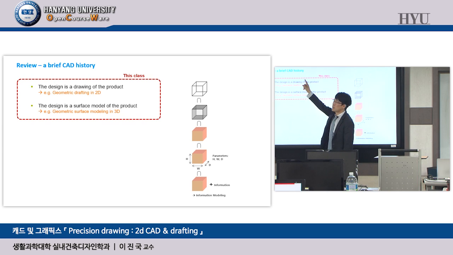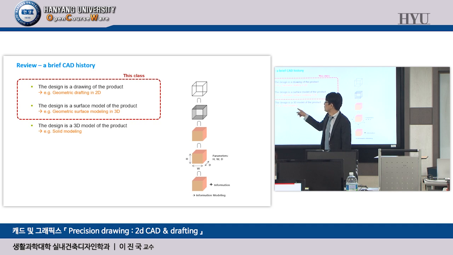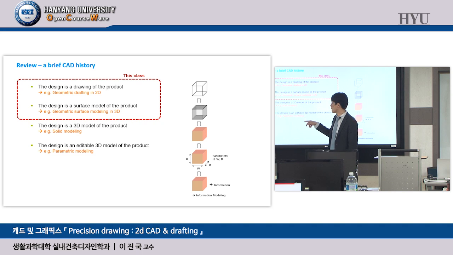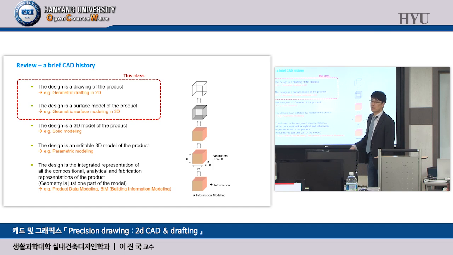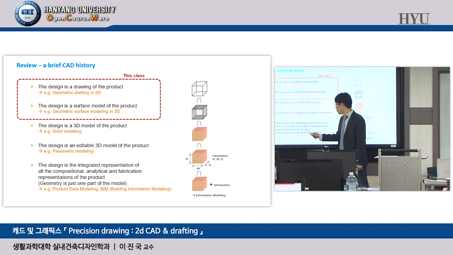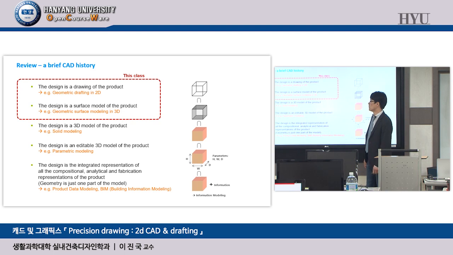The first one in CAD history, okay? 2D drawing and drafting. The second one is surface-based 3D. The third one, more advanced, is the solid model. The next one is parametric. The last one, in other words the most advanced one, is product data modeling, or simply say BIM, building information modeling.